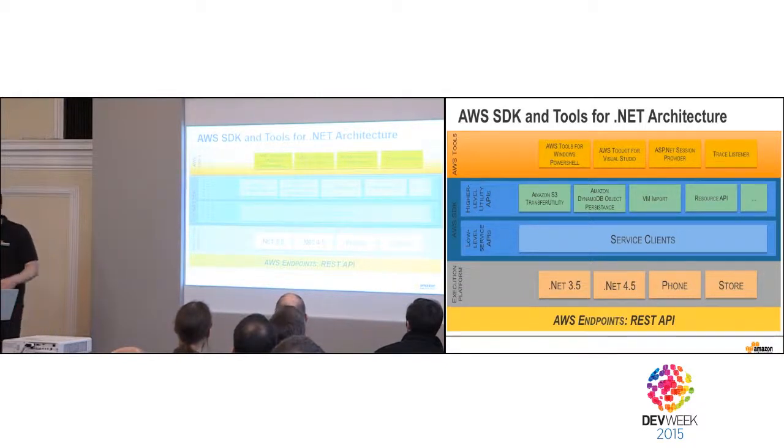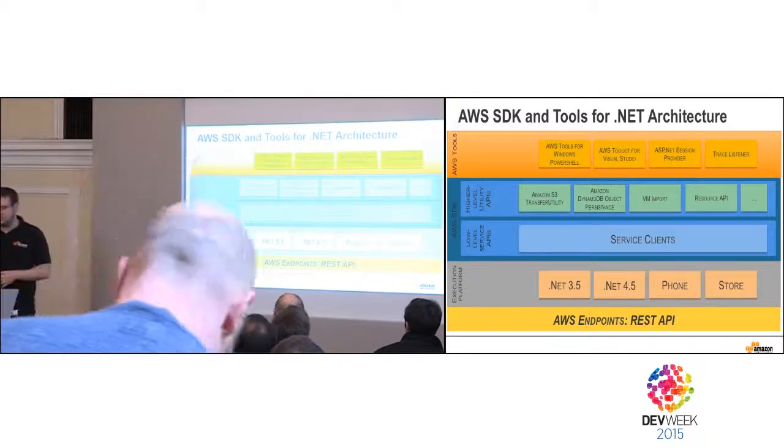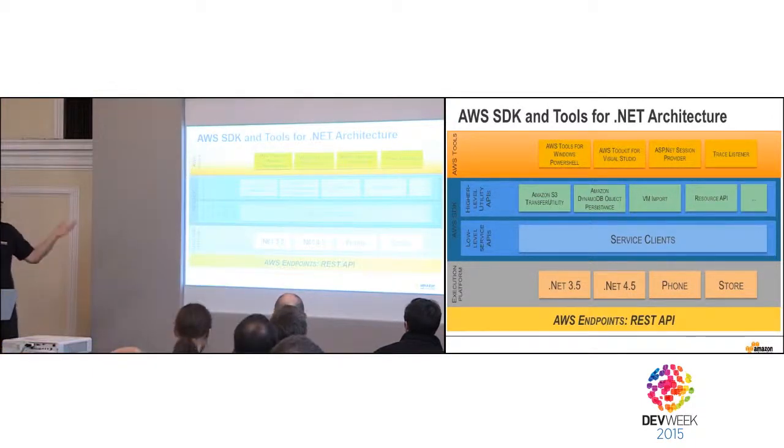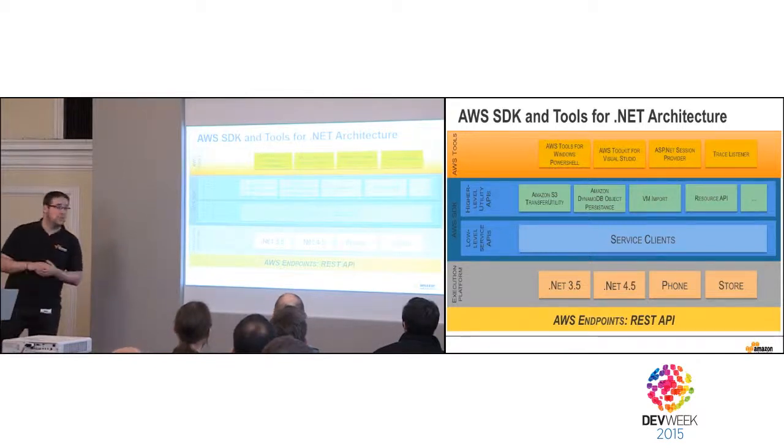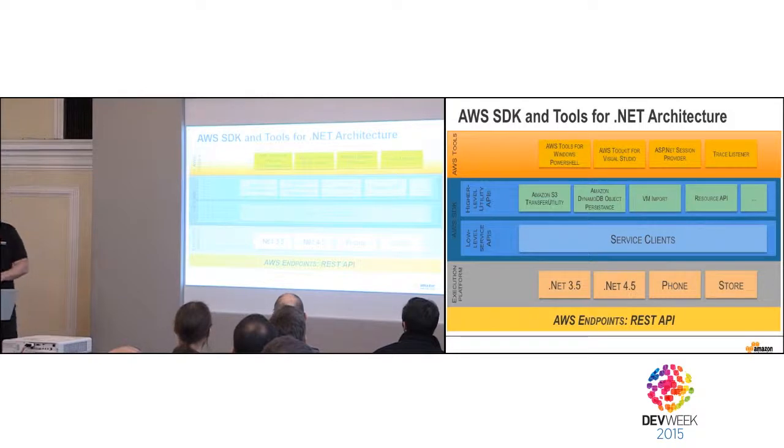And basically, we have low-level APIs and some utilities that make it really easy to interact with the cloud. You don't want to have hard-coded values for machine names and stuff like that. We provide utilities that really simplify the access to the platform. Last but not the least, we have tools that help you quickly integrate with AWS, whether it's PowerShell commandlets. One of my colleagues is going to present the Windows PowerShell commandlets tomorrow. A toolkit for Visual Studio that I'll show you today.